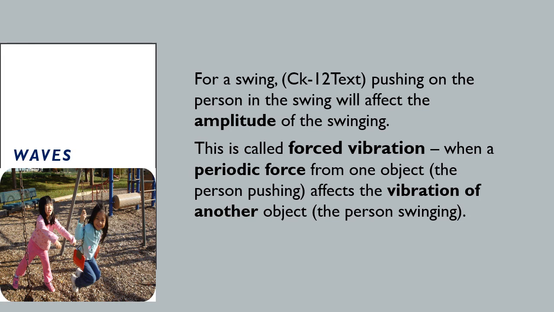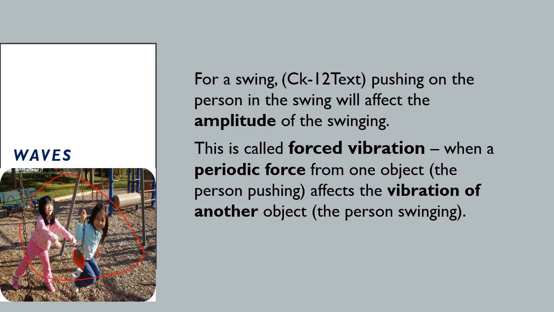So you can see here in the figure, this girl is pushing her friend on a swing. By pushing the swing, she affects the amplitude of the swinging, and we call this forced vibration.